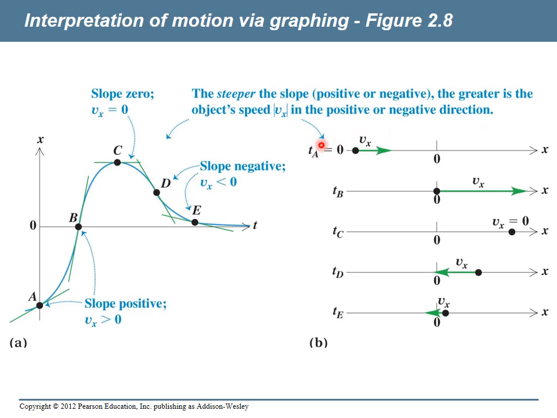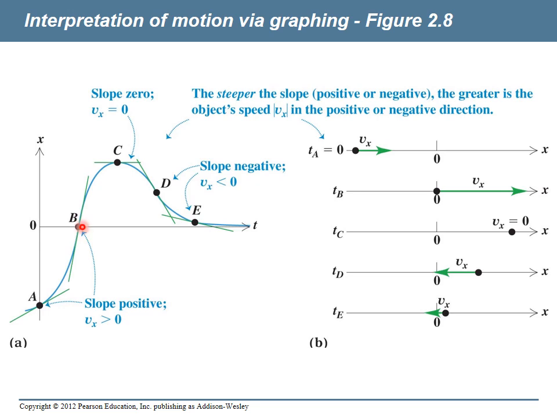And if we were to come over here and plot it on a straight line, we have the time at t equal to a, and we set that equal to time 0. And the velocity is positive, so we'll draw it to the right, and the position is negative, so we draw it to the left of 0, and we put an arrow to the right showing that the velocity is positive.